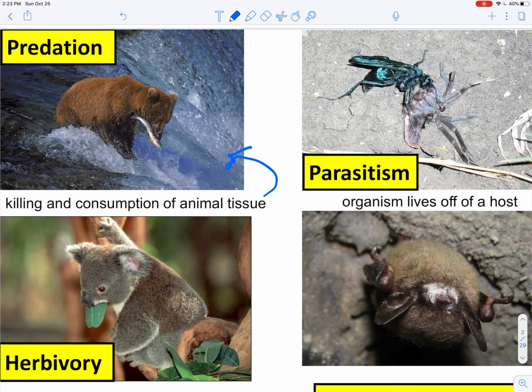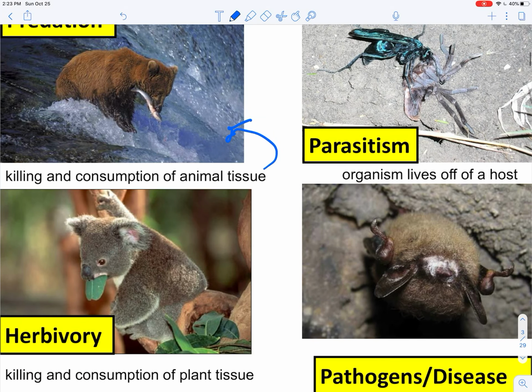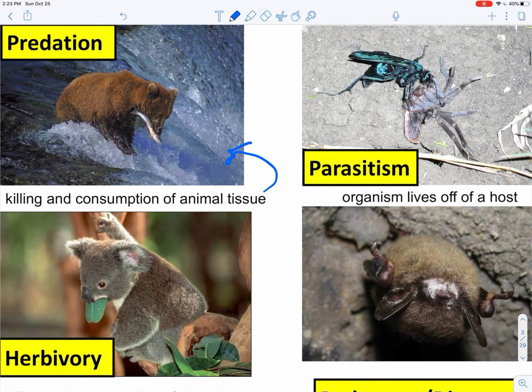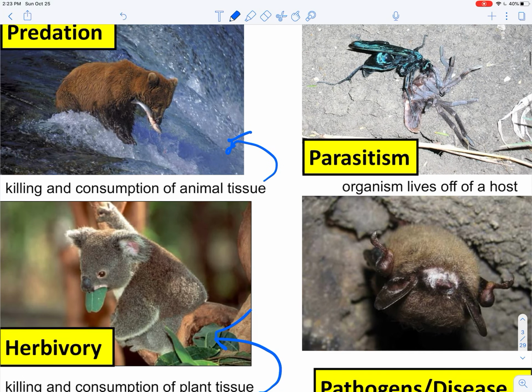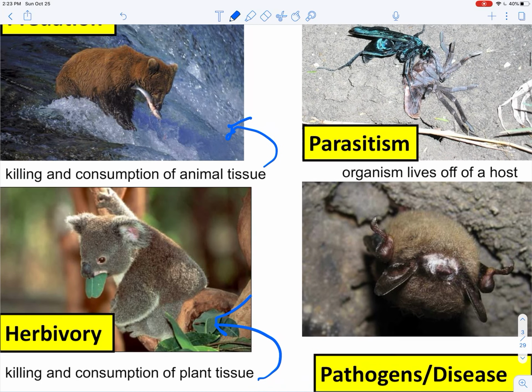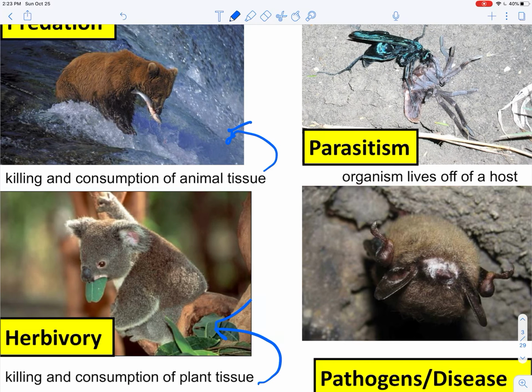Predation is considered to be the killing and consumption of animal tissue, whereas herbivory is the killing and consumption of plant tissue. So this koala bear here eating the leaf, the bear here eating the fish. And then on the other side here, we have parasitism and then pathogens and disease.